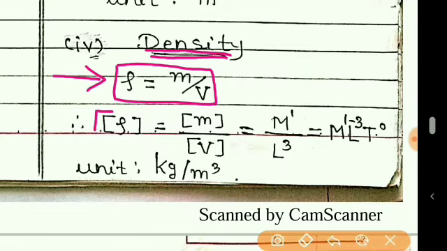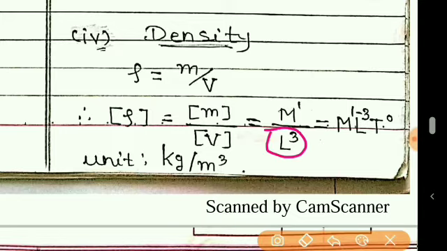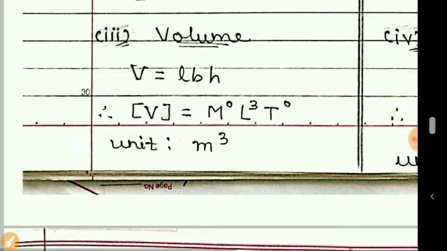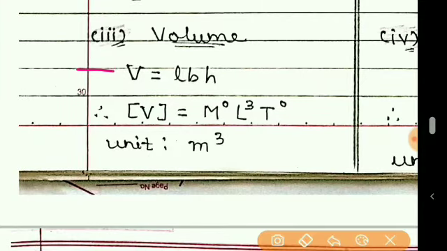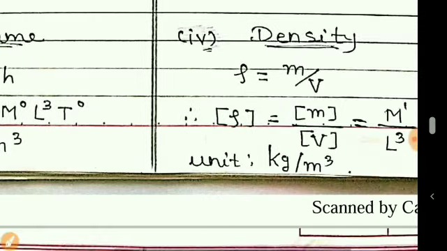So to find the dimensional formula of density, we will write dimension of mass upon dimension of V. For mass, its dimension is M raised to 1, and for volume the dimension is L cube. From where this L cube is obtained for the dimension of V, that we have seen in this case, that the dimension of volume is L cube. So directly we have taken that.